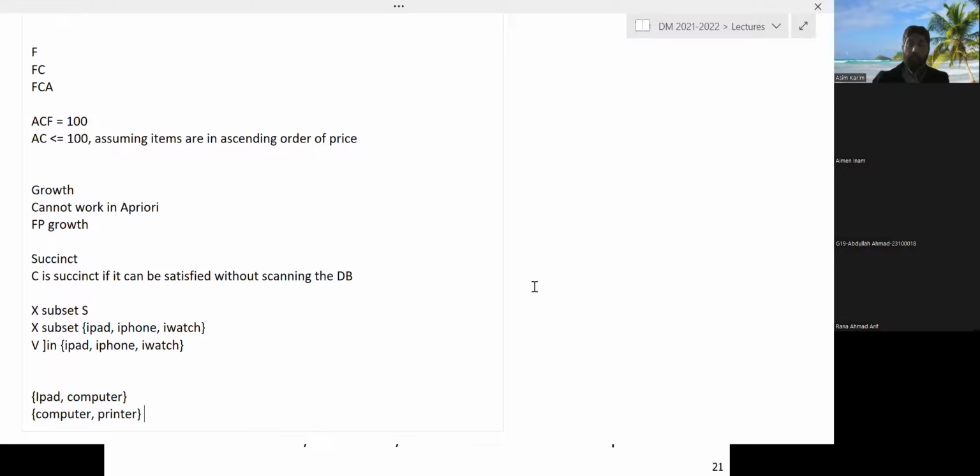Obviously this pattern does not contain any item from my desired set of items, iPad, iPhone, or iWatch. So this does not satisfy. So succinct constraint, again, in brief, is any constraint that can be verified or checked without scanning the database.